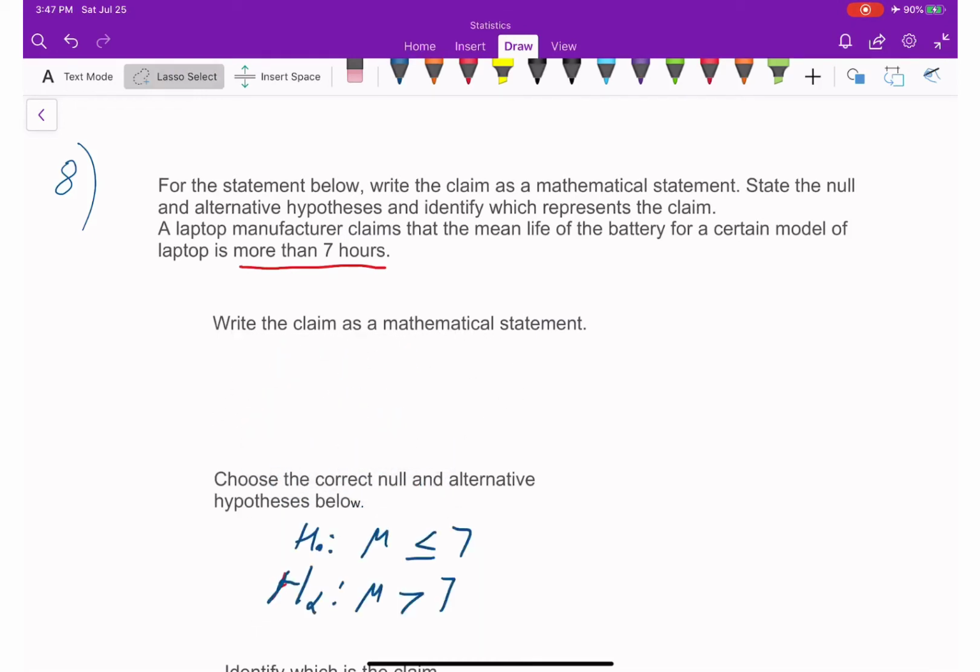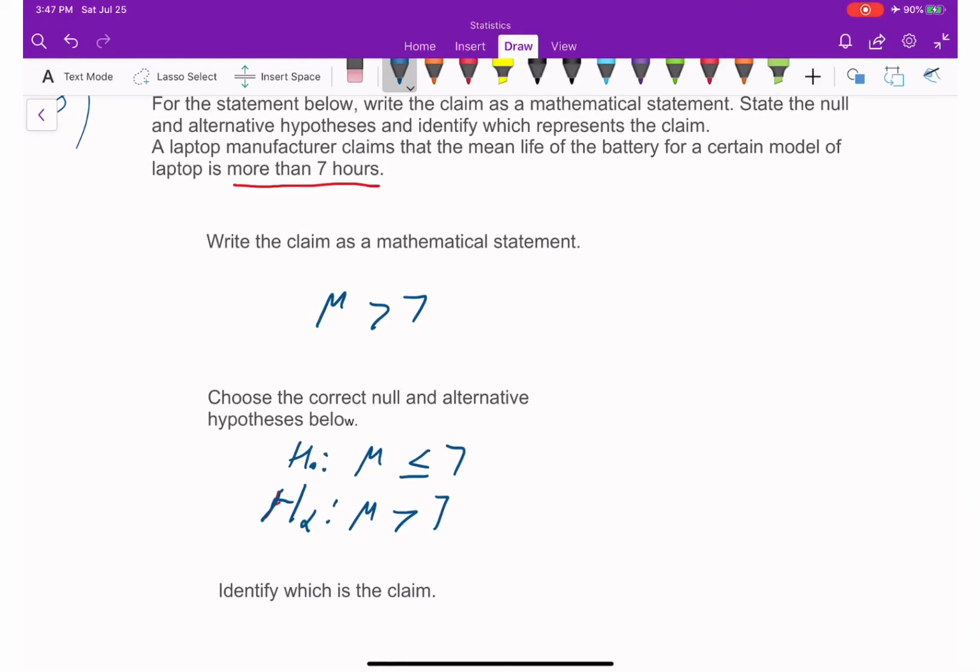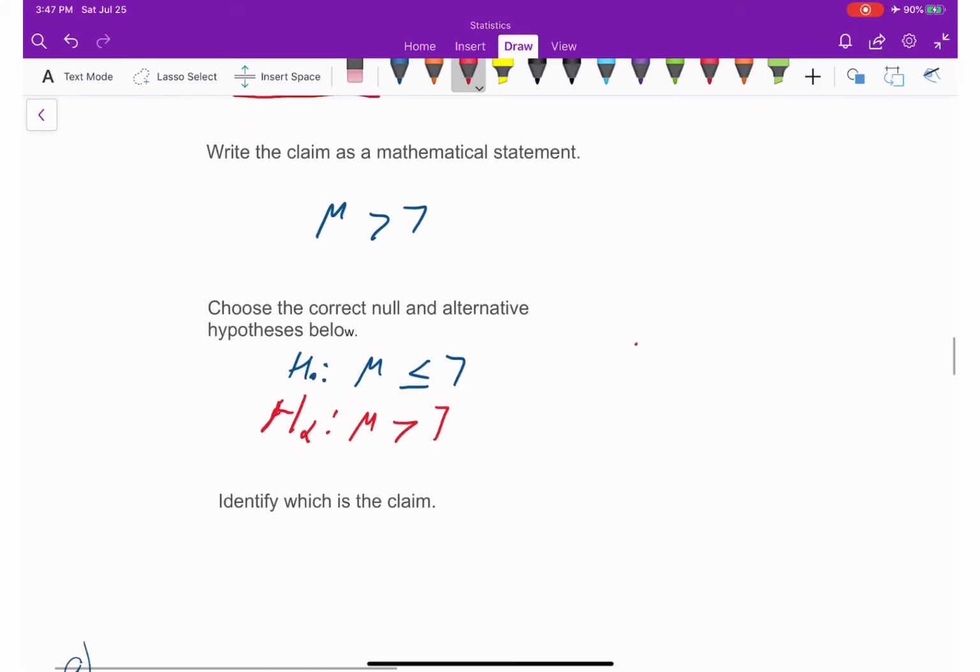And the claim here is mu greater than 7, the alternative one.